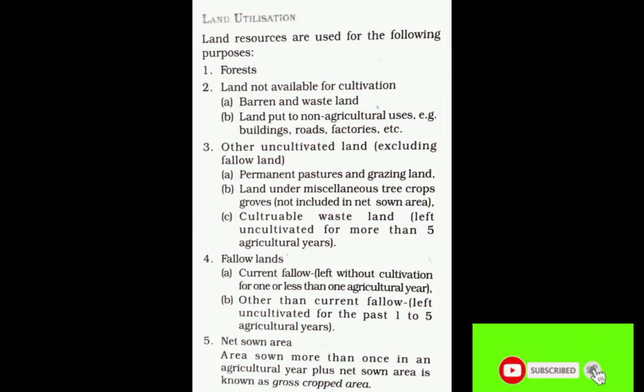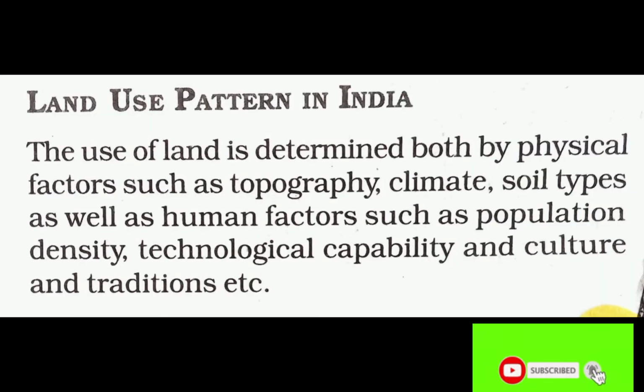Then fourth classification is fallow land that includes current fallow, that is land left without cultivation for one or less than one agricultural year, and other than current fallow, left uncultivated for the past 1 to 5 agricultural years. Then fifth one, net sown area. Net sown area means area sown more than once in an agricultural year, plus net sown area is known as gross crop area.